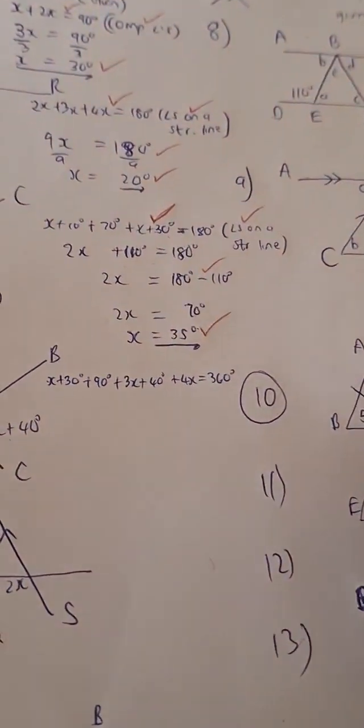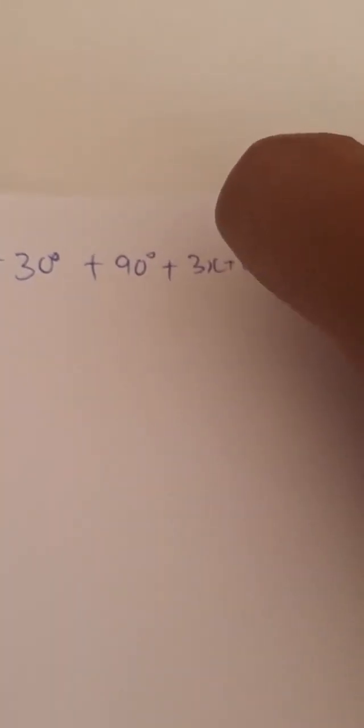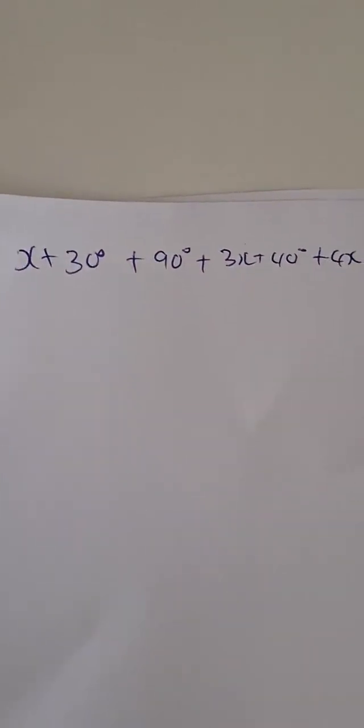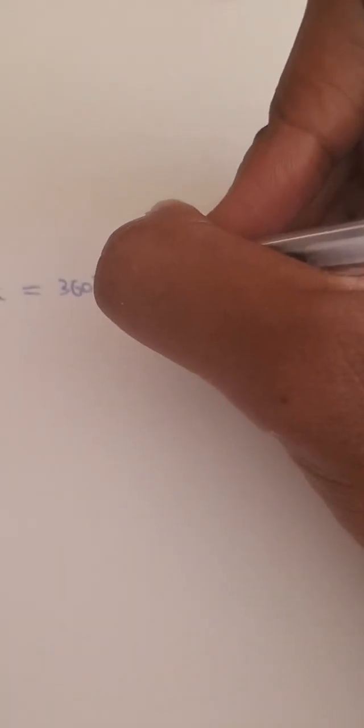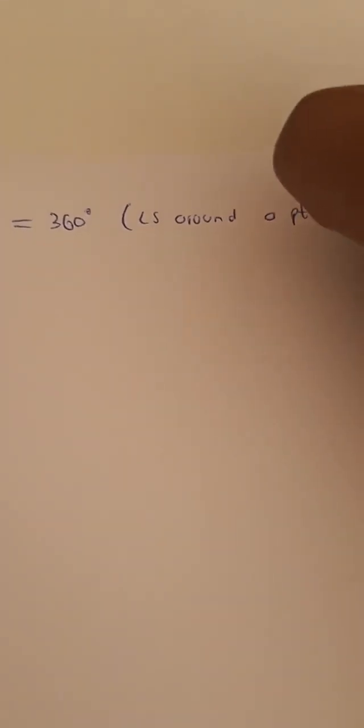Let me have another working paper, I think that will help me a lot, just for working out. So x plus 30 degrees, plus 90 degrees, plus 3x plus 40 degrees, plus 4x. All these angles add up to 360 degrees. Are you with me? All right. Then our reason: angles around a point.